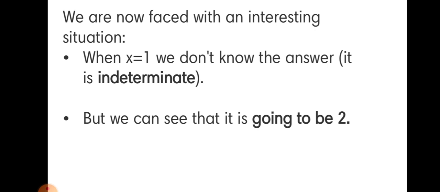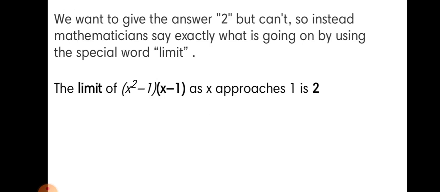So we are now faced with an interesting situation. When x is equal to 1, we don't know the answer. It is indeterminate. But we can see that it is going to be 2. We want to answer 2, but we can't.